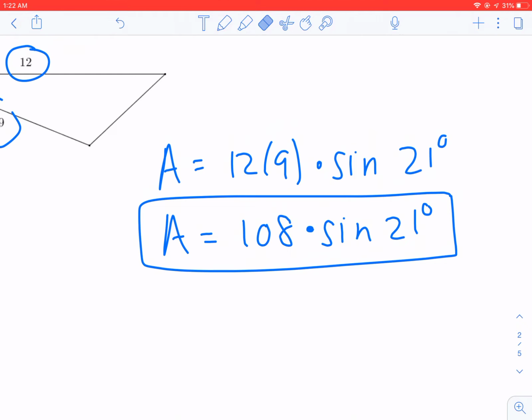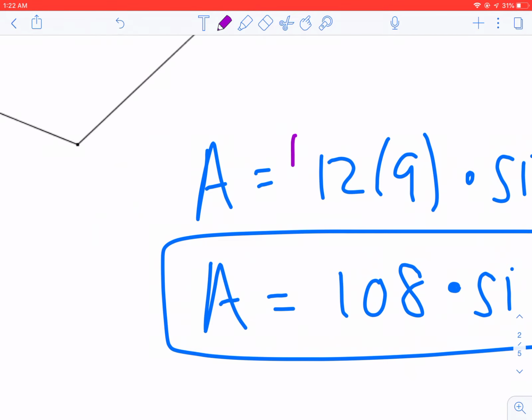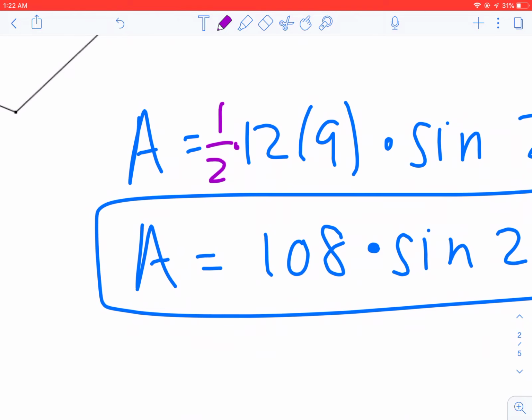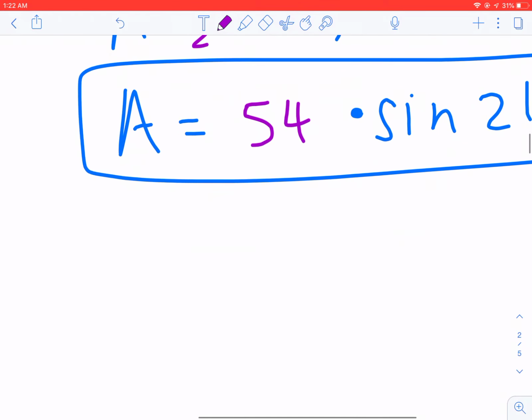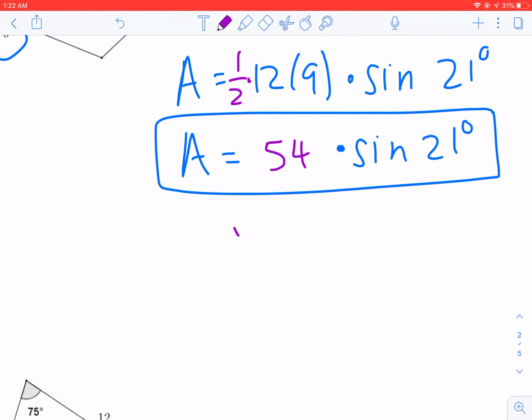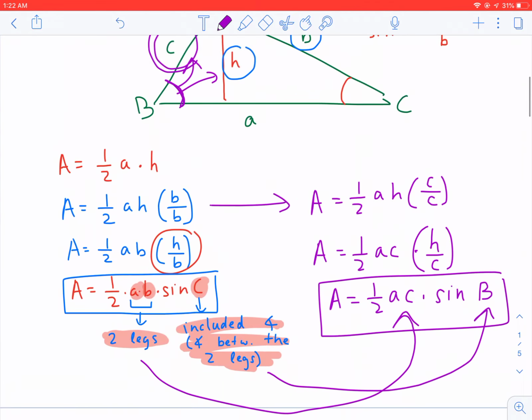I forgot to multiply by half. Sorry. So that's going to be 54 times the sine of 21. And that is approximately, if you round, 19.4 square units. Right, I have the 1/2 up here, right? Okay, good.